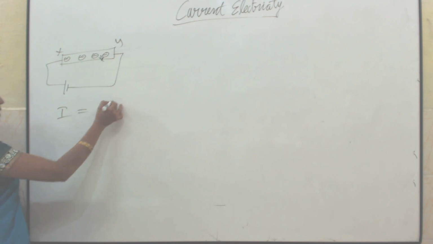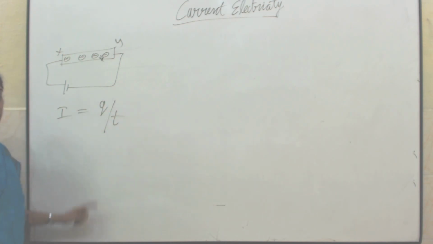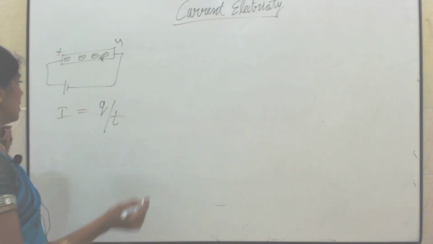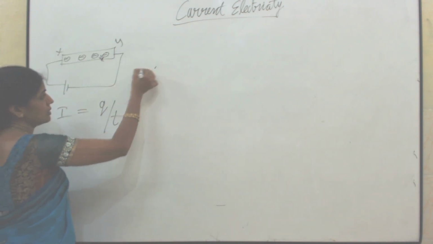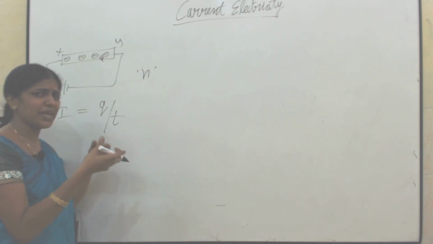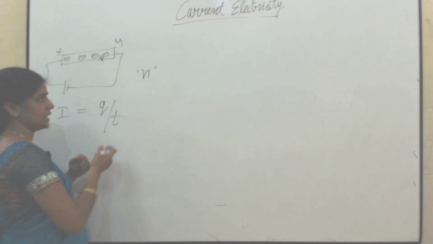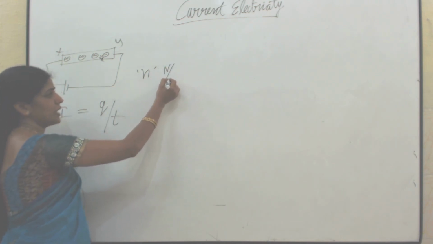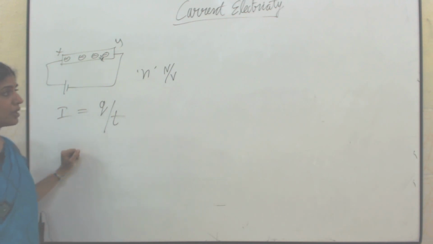What is the current formula? Q by t. Current is equal to the rate of flow of charges. Now let n be the number of free electrons, or these free electrons we call the conduction electrons. Let there be n number of conduction electrons or free electrons in a unit volume.